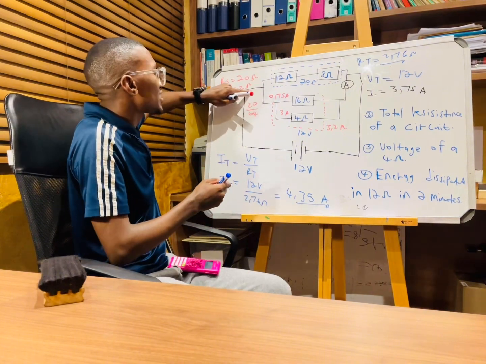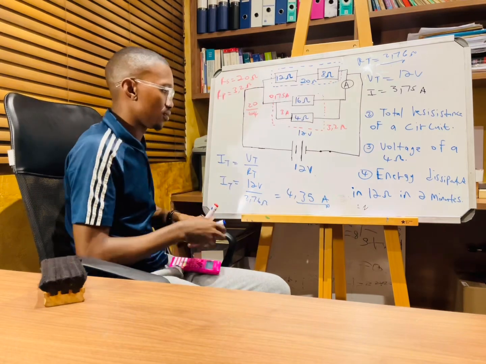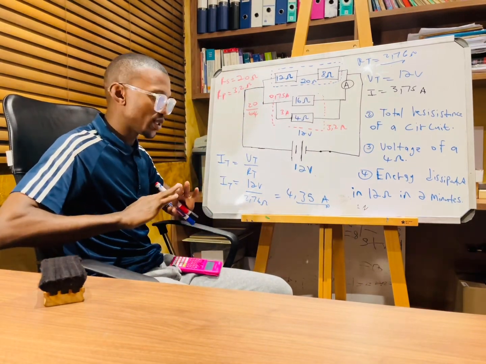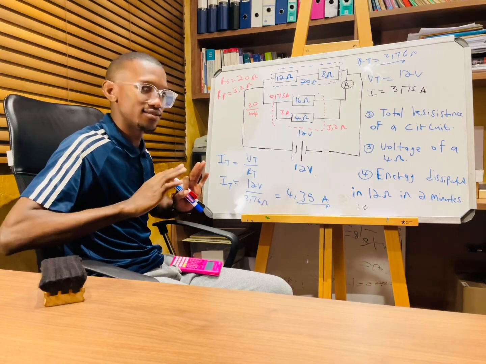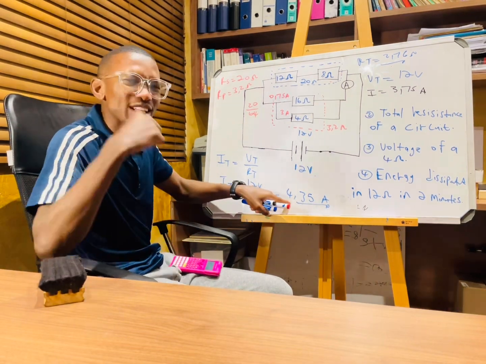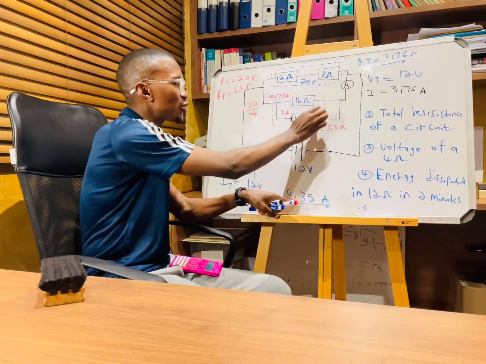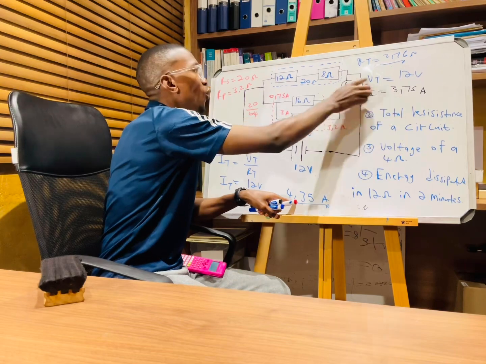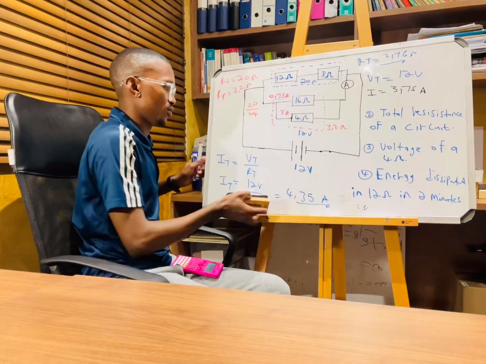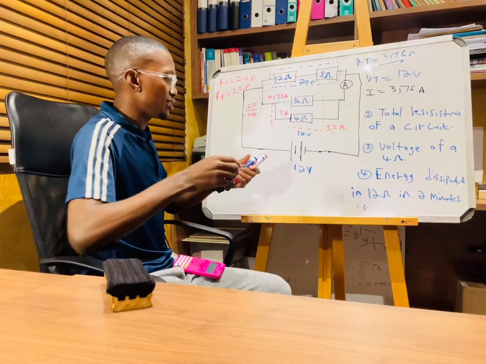So the total current, when it gets here, divides, with 3.75 going through these ones. Let me take it slowly, because some are not really getting what's happening. Look, the total current is 4.35 amperes. These ones here, their total current is this one. Now, what about these ones? I'm going to write it down.